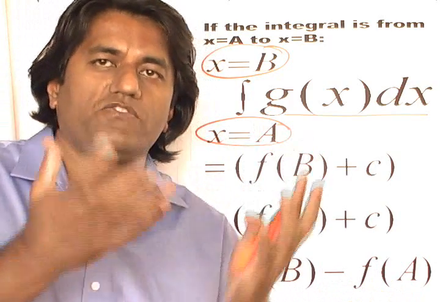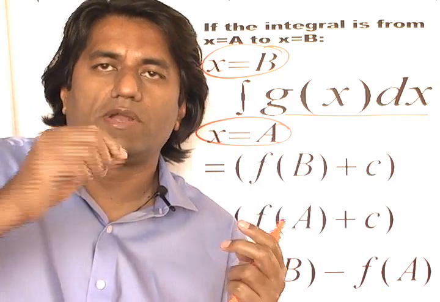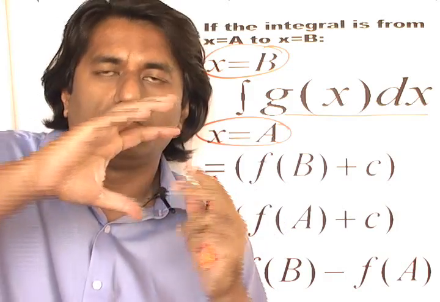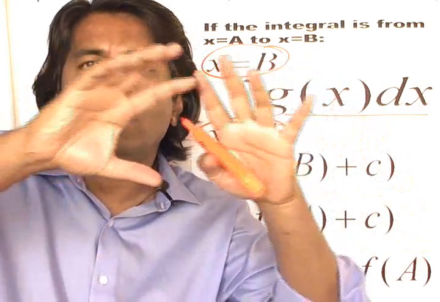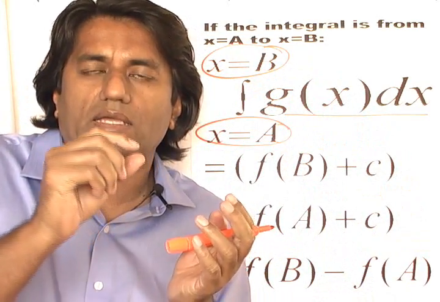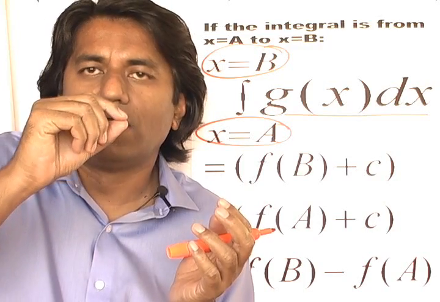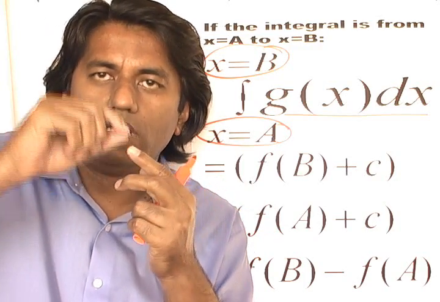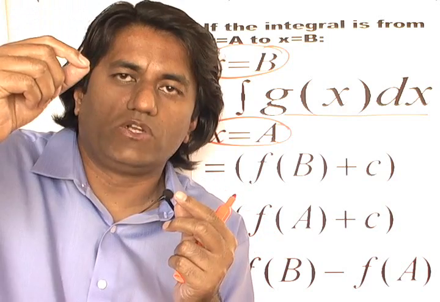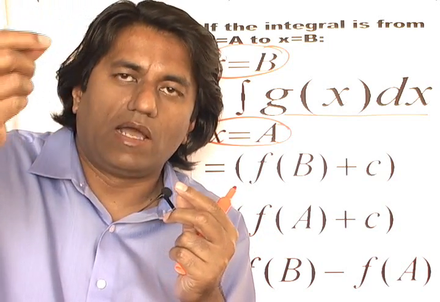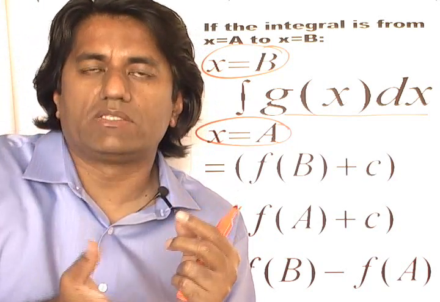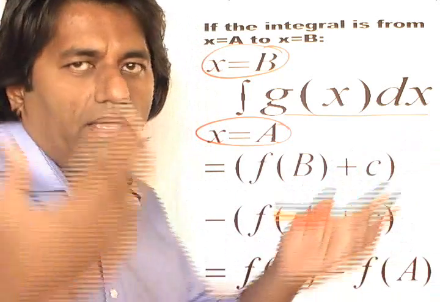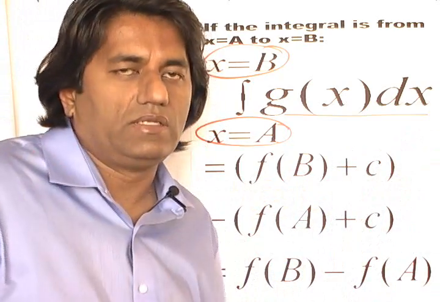You remember for a sphere, for example, if you want to find the volume of a sphere, then you are integrating from radius equal to 0 till radius equal to capital R, where capital R is the radius of the sphere. Similarly, you could do a different definite integral.